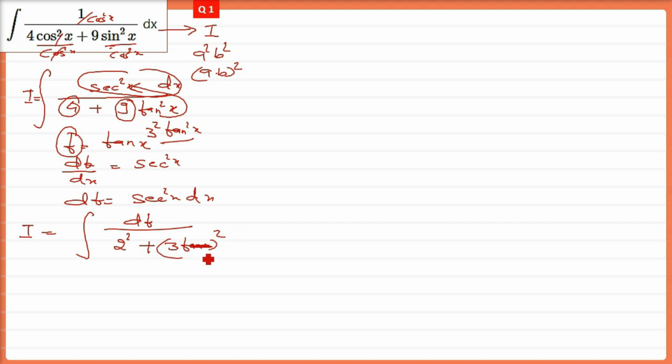But still we are in a glitch, because our whole way is to get to the solution where the integration is directly a result. That means integration of dx by a square plus x square we want, because we know the direct result of this. But 3t is still creating some trouble in that.